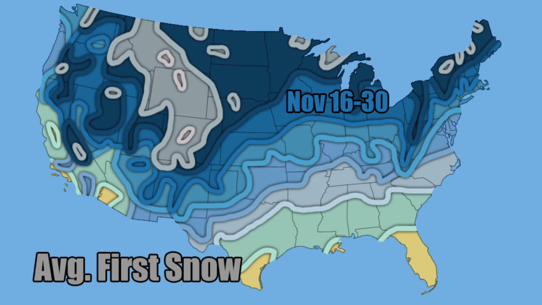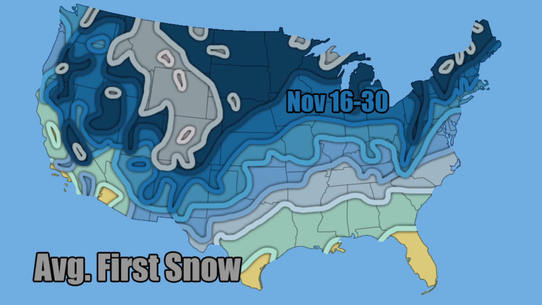Now, in this lighter blue shade, this is where you expect your first snowfall to occur between November 16th and November 30th. This includes parts all the way kind of everywhere west of the Rockies, especially for the interior Northwest. And you start to see that move further south into parts of Arizona and New Mexico.